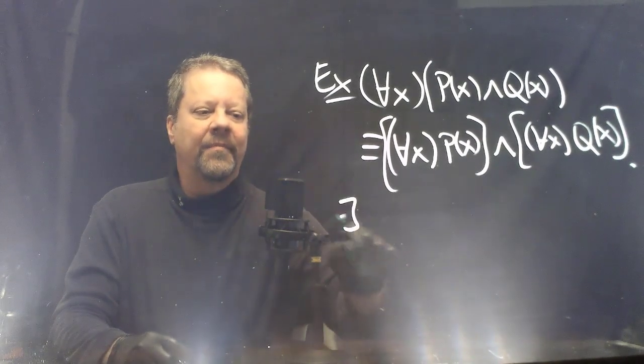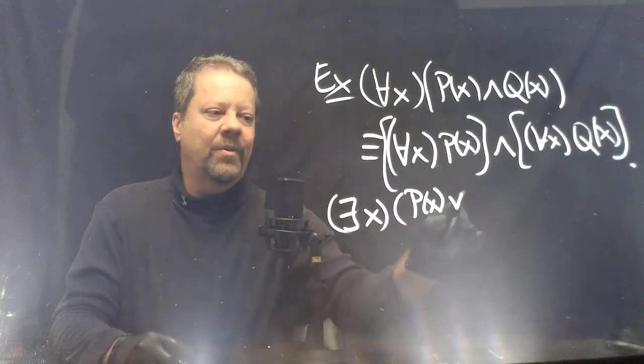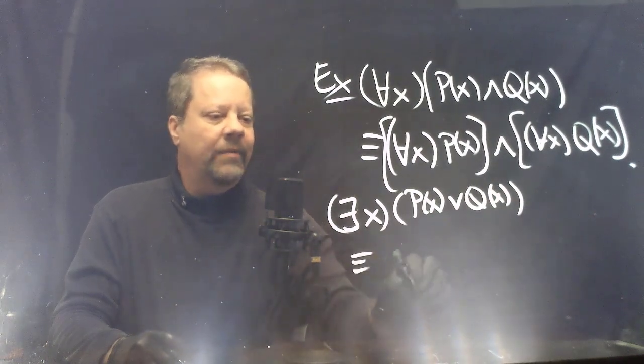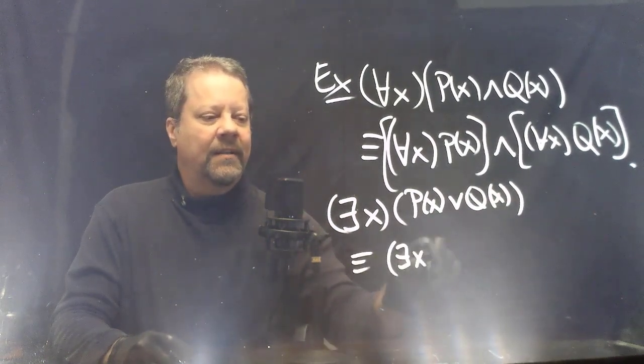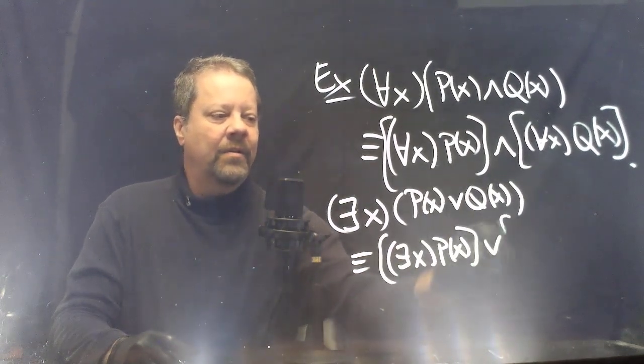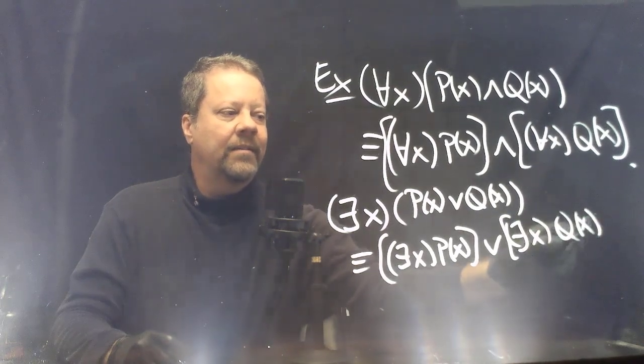Similarly, there exists x such that P of x or Q of x will be logically equivalent to, there exists x such that P of x is true, or there exists x such that Q of x is true.